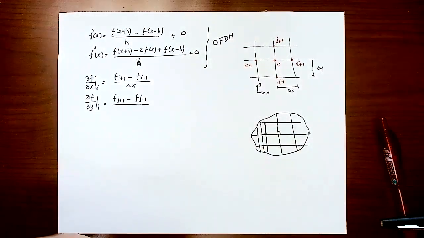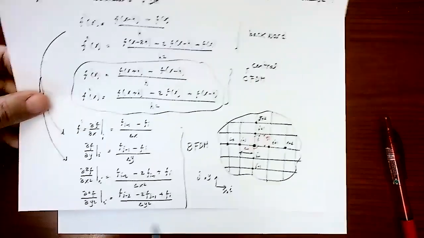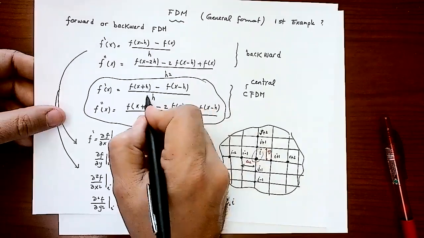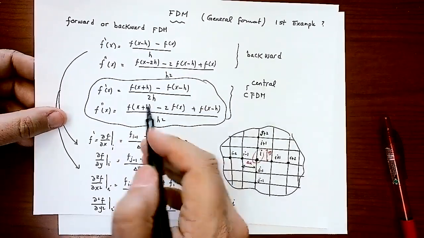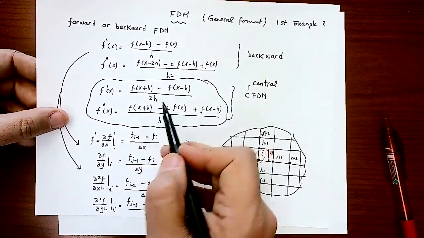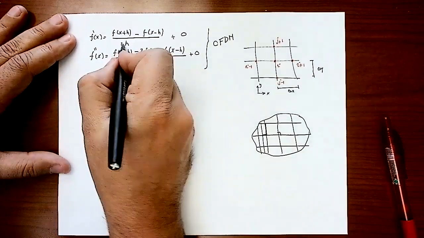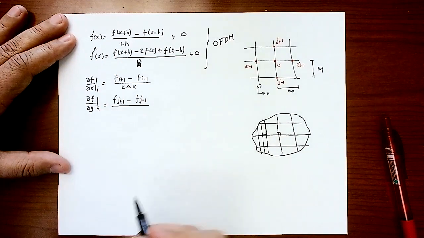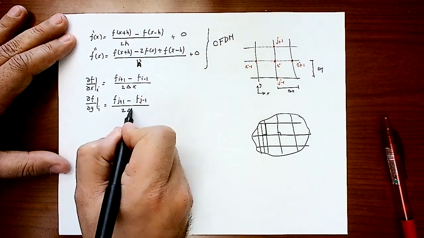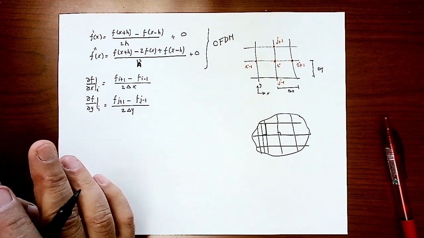For the derivative, because you are using the central, this is actually 2h. I apologize for that. This has to be 2h, and the second derivative has h squared. So this will actually be 2 delta x, and this will be 2 delta y. Just be sure of that correction here.